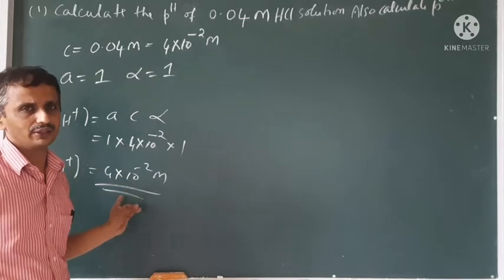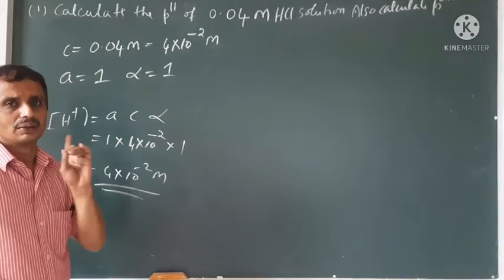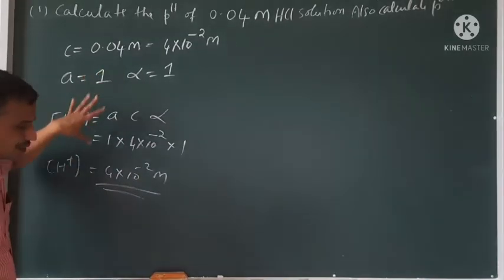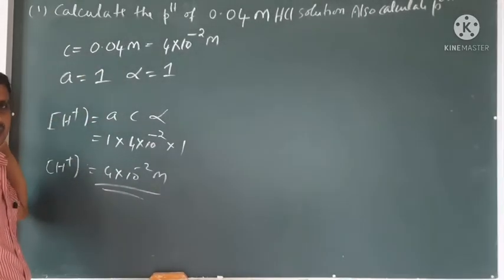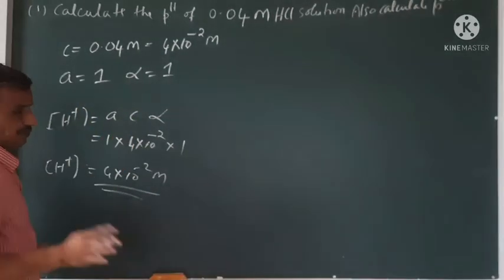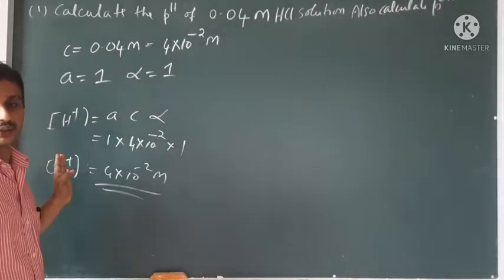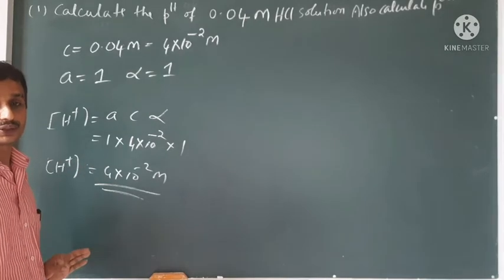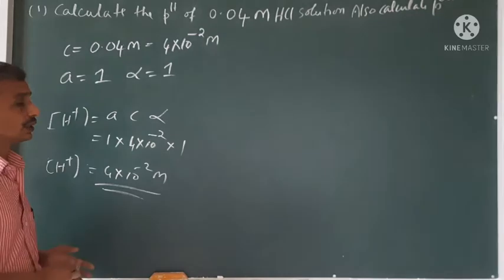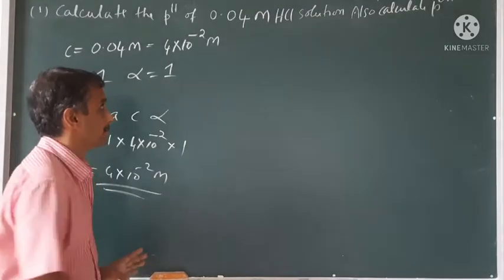Don't follow me in this case. Since you are learning, I gave each and every step. In the competitive exam, no need to follow this many steps. Remember this fact. Don't blame me afterwards saying, sir, I followed what you said, so I could not get the time. So don't do that.